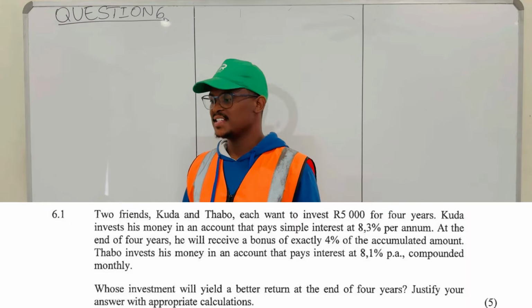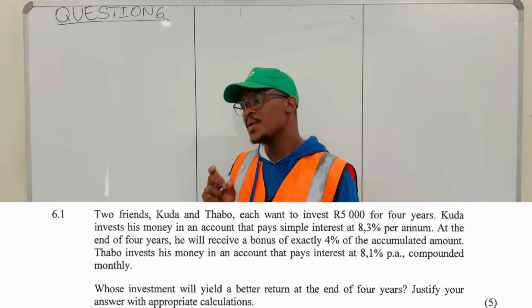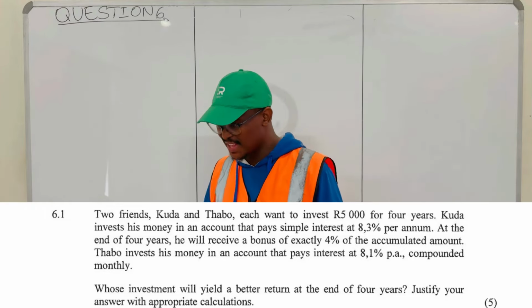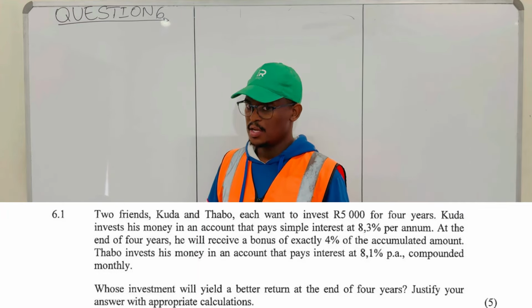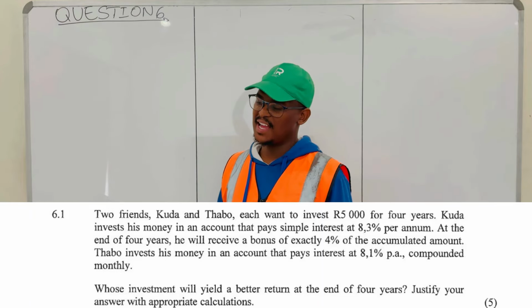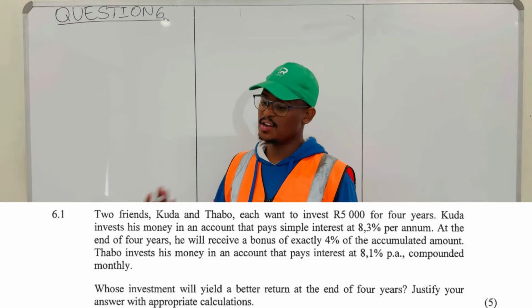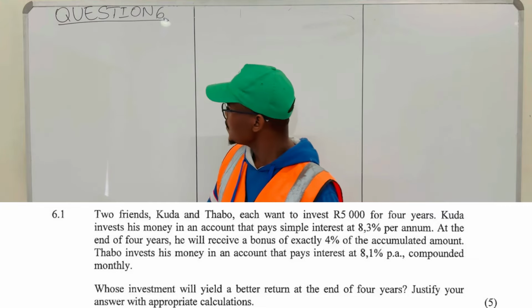On the other hand, Tabo wants to invest his money in an account that pays 8.1% per annum compounded monthly, for 4 years. So they're asking who will have a better amount at the end of 4 years. They want you to justify your answer by means of calculations. Are you with me? No problem.